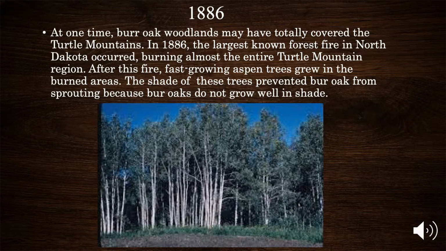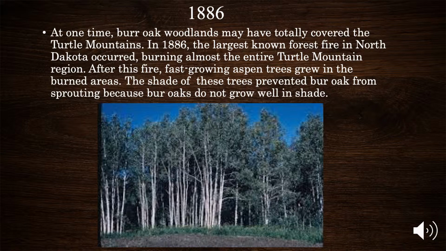1886. At one time, bur oak woodlands may have totally covered the Turtle Mountains. In 1886, the largest known forest fire in North Dakota occurred, burning almost the entire Turtle Mountain region.